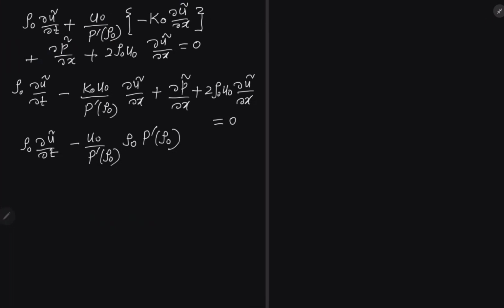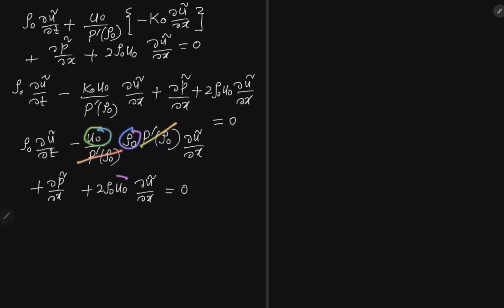If this is true, then we can move to the next simplification: plus partial p tilde by partial x plus 2 rho naught u naught partial u tilde by partial x is equal to 0. We cancel these two terms and we get minus u naught rho naught, and this will be simplified further by solving these two terms.